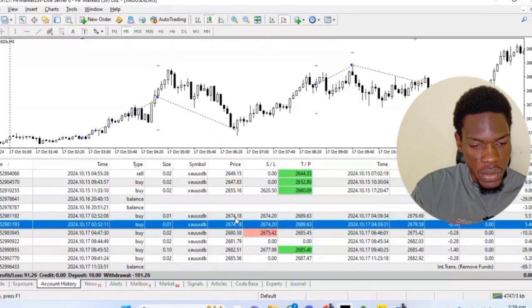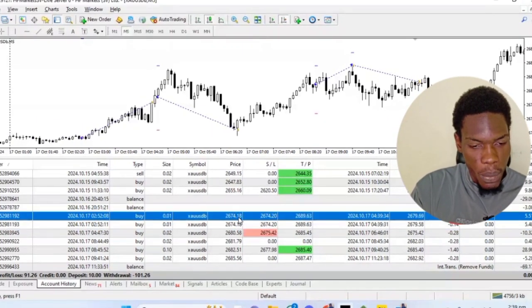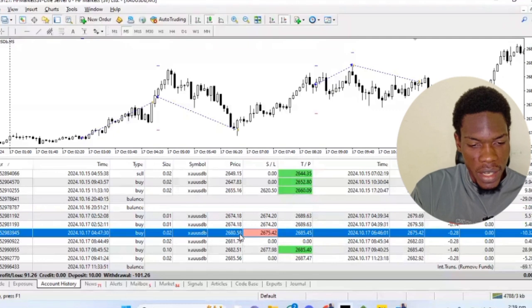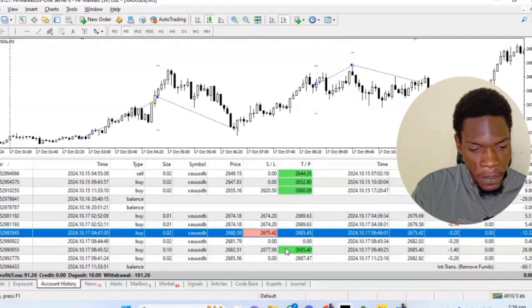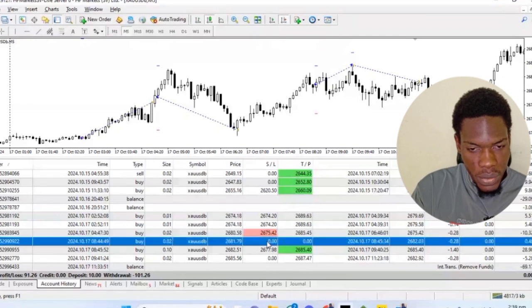You can see the same entry, 274.18 for these both trades. So low key, it was like I was in a 0.02 trade, and then I placed a buy again, which I lost. I lost basically what I just got back, and then I went in for another little buy, which is this one here, and I just got 0.48.